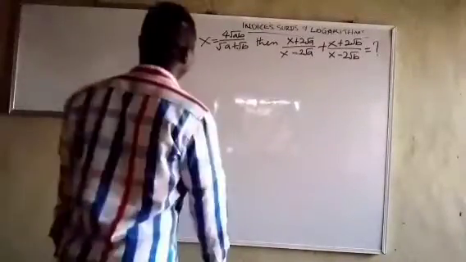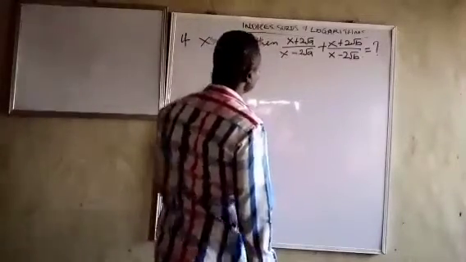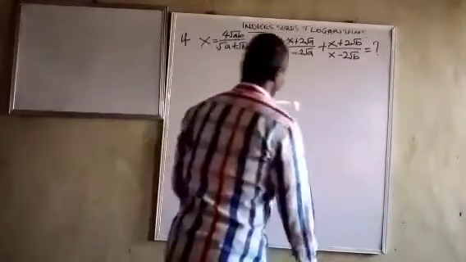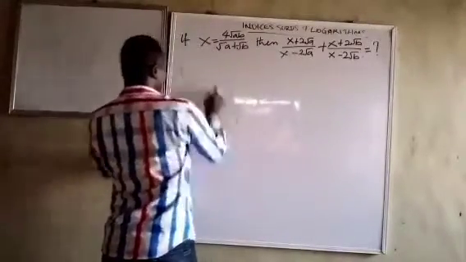So if x equals 4 root AB over root A plus root B, then what is x plus 2 root A over x minus 2 root A plus x plus 2 root B over x minus 2 root B? What we are expected to do is to substitute x into this expression.